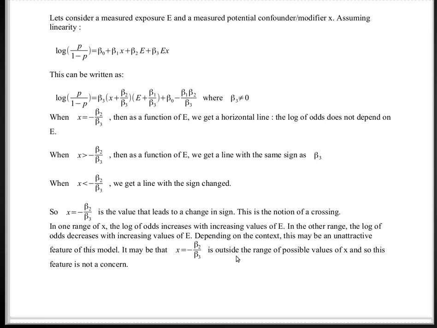But it can be that if, in fact, the value of that explanatory variable where there's a crossing is outside of the range of possible values of x, then this issue of this change in sign won't be present. Now, there may well be circumstances that one could conceptualize for which the change in sign makes perfect sense. And I'll allude to that a little bit for you in the illustration.